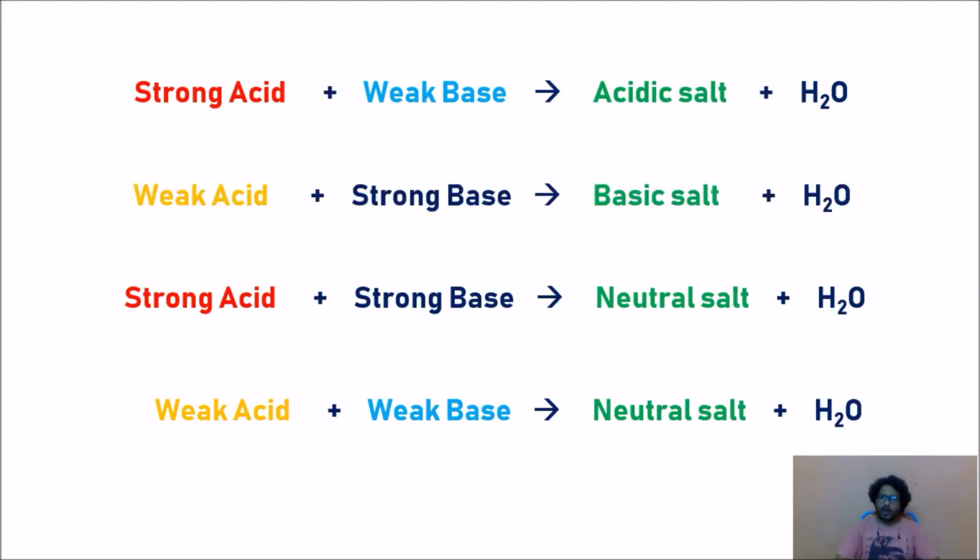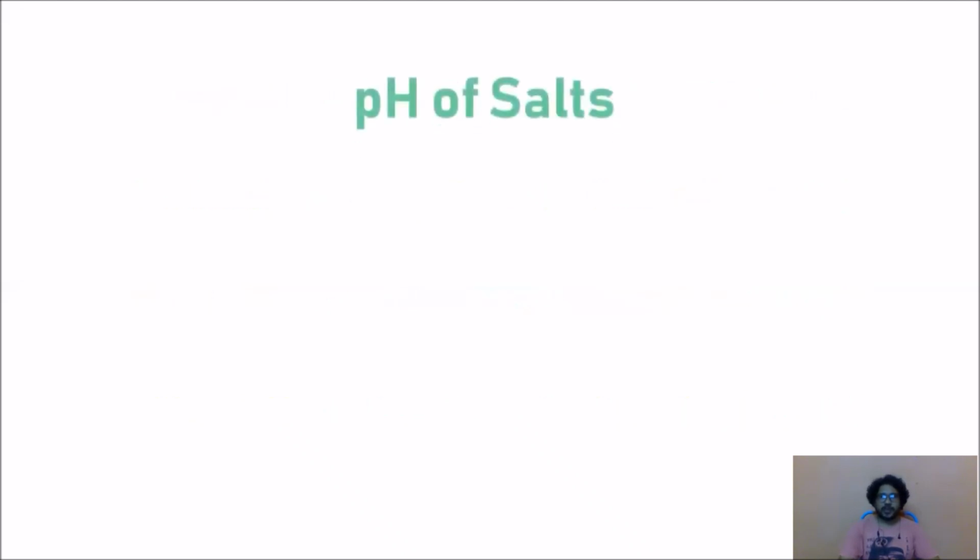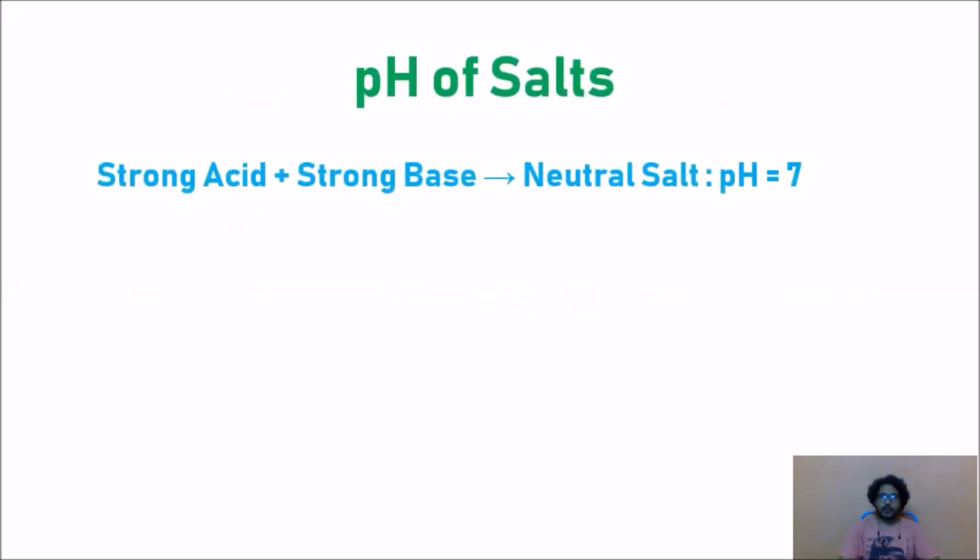And what about its pH value? We know pH value of neutral salt is 7. What about acidic salt? What about basic salt? When strong acid reacts with strong base, we get neutral salt, that is pH value 7.